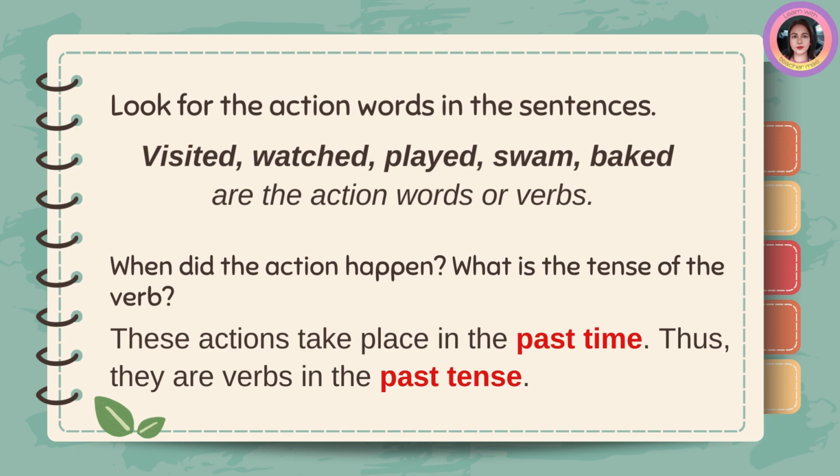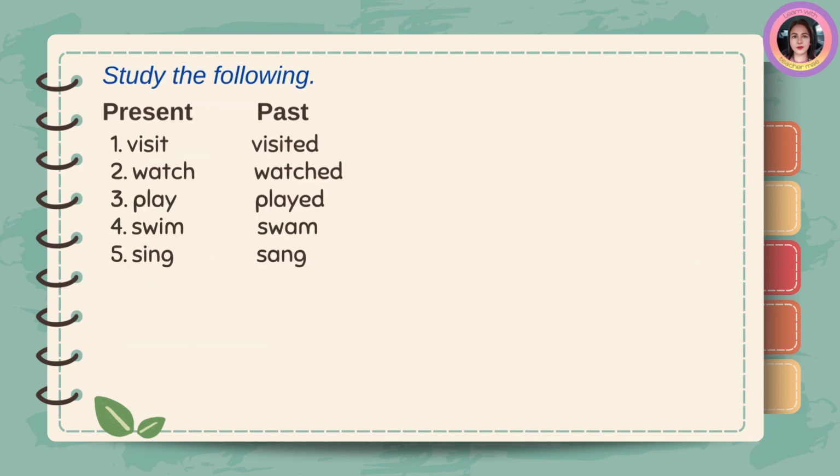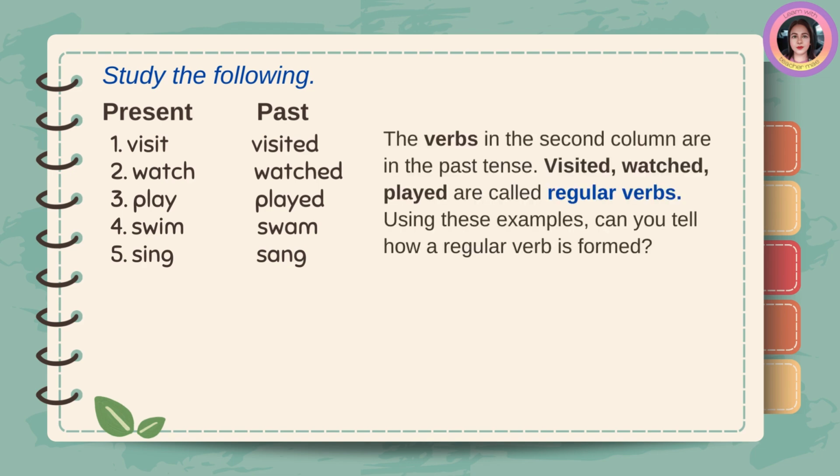Thus, they are verbs in the past tense. Study the following. Present and past. Visit, visited. Watch, watched. Play, played. Swim, swam. Sing, sang. The verbs in the second column are in the past tense.